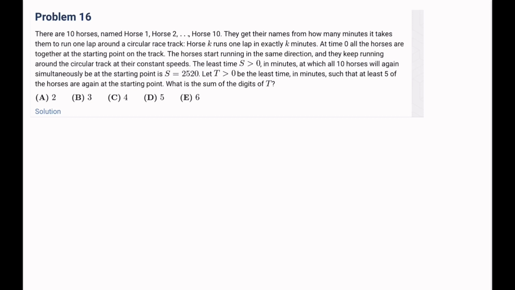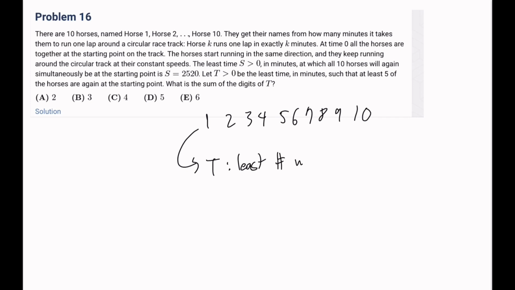Okay, so we have horses 1, 2, 3, 4, 5, 6, 7, 8, 9, and 10, right? And so t is the least number with at least 5 factors in 1 to 10, right?